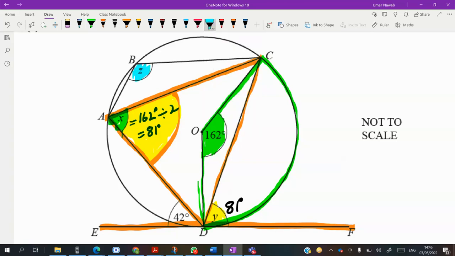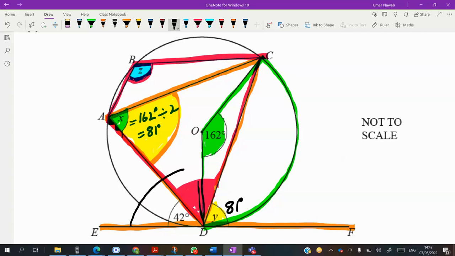Now, I want to find this z. Can you see, boys, that this ABCD is a cyclic quadrilateral? If it is a cyclic quadrilateral, the opposite to z is this angle. So, can we find this angle? We can easily find it because the total is 180.